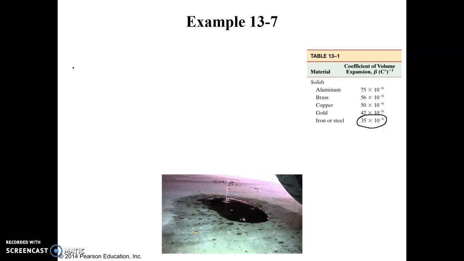So for the steel tank, the delta V is going to equal beta V naught delta T. And so that's going to be 35 times 10 to the negative sixth times our initial volume, which was 70 liters, and our delta T is 20 degrees Celsius.